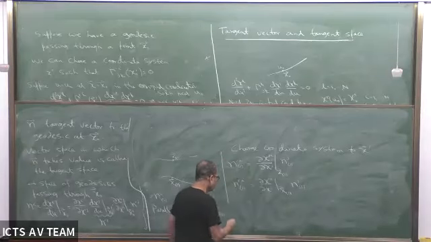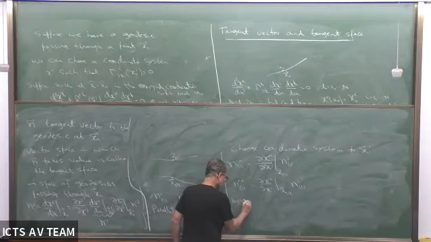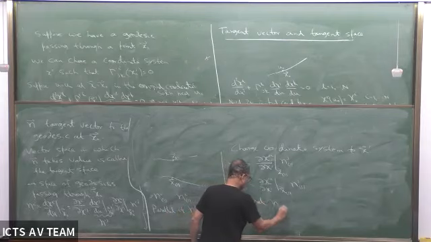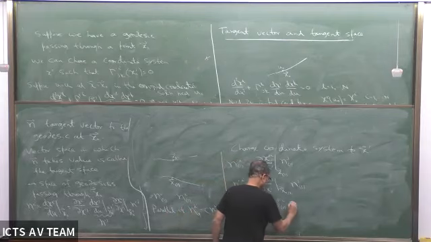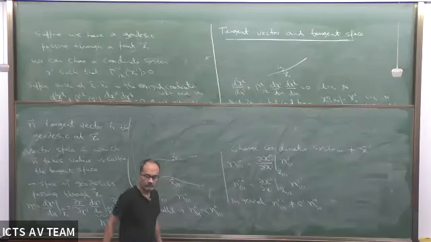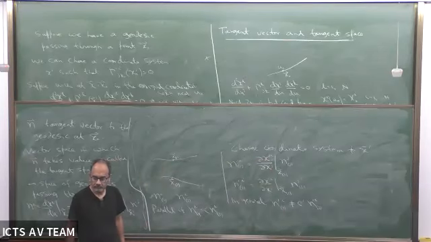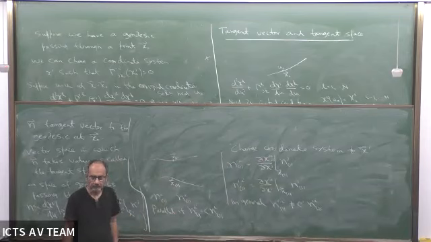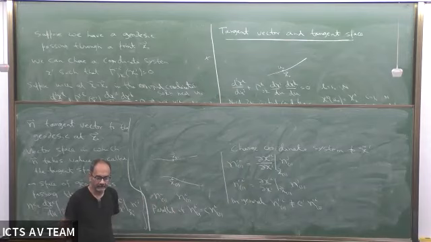So in general, n1 prime is not equal to some c prime times n2 prime. So this notion doesn't really work. It's not coordinate independent.